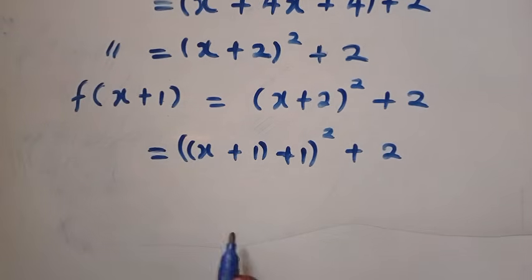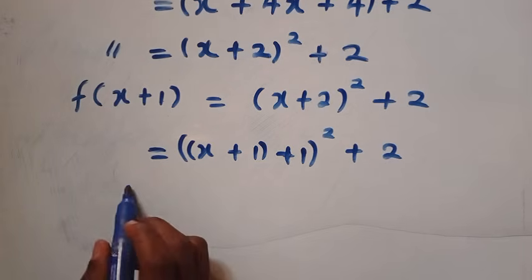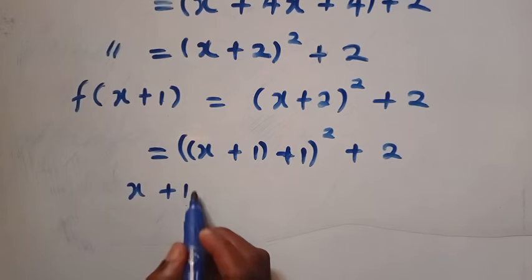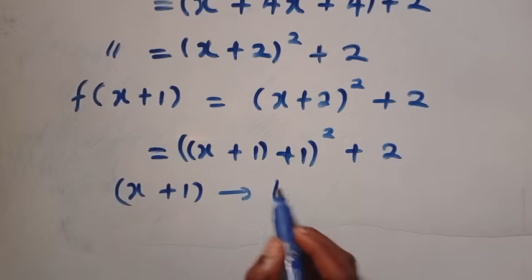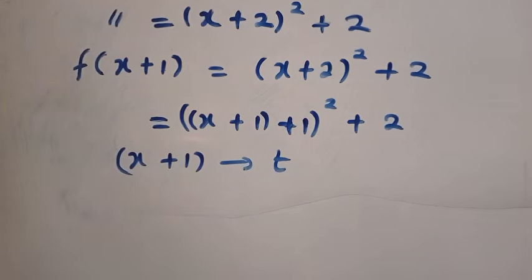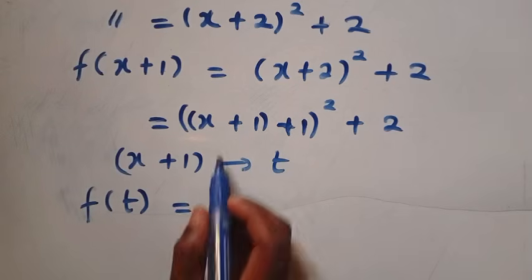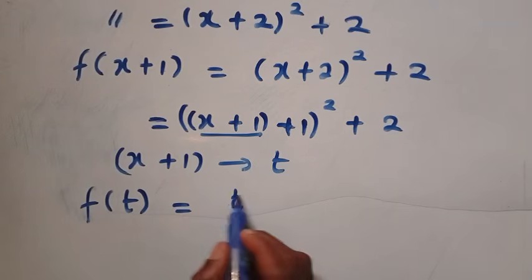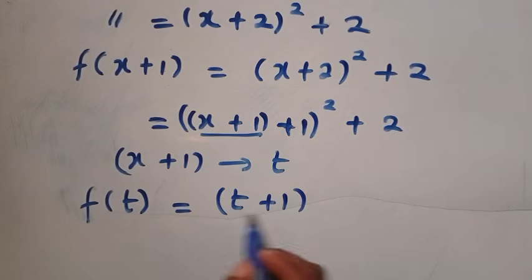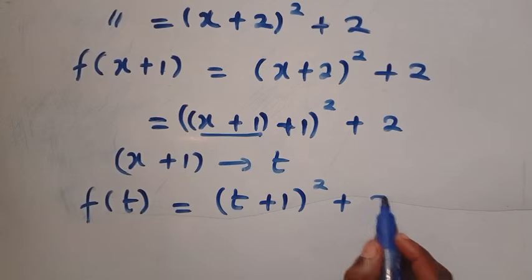Suppose I replace x plus 1 with t. For instance, if I replace x plus 1 with t, then the first one here becomes f of t equals, this x plus 1 becomes t plus 1 in the bracket, all squared, then plus 2.